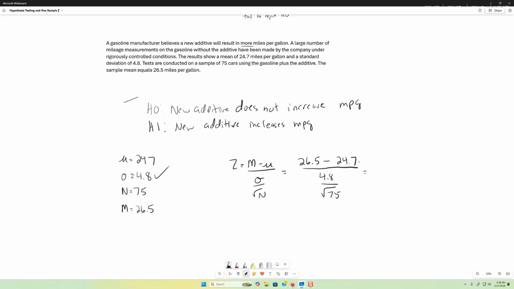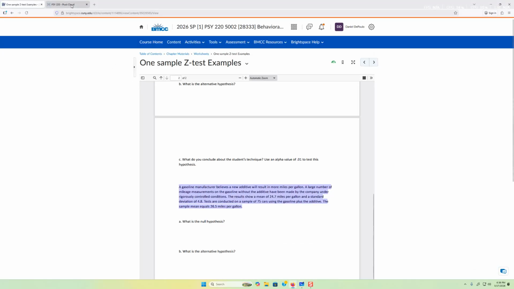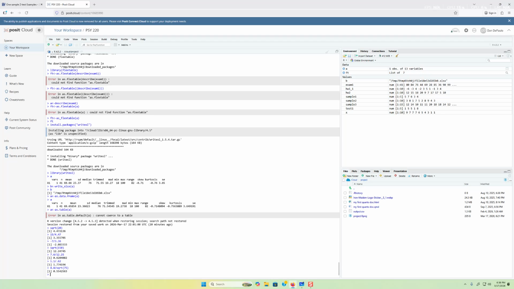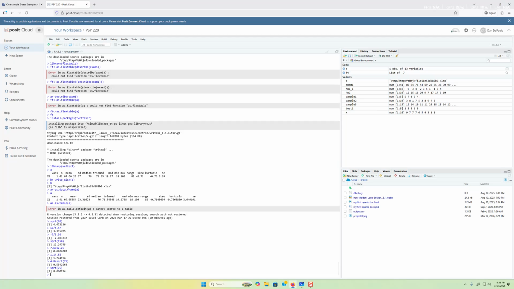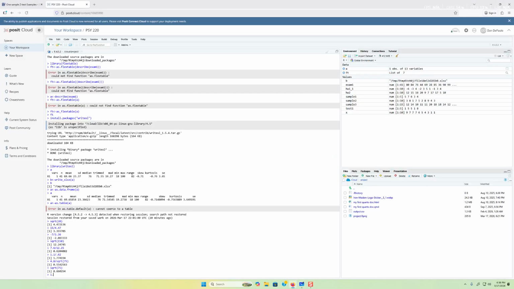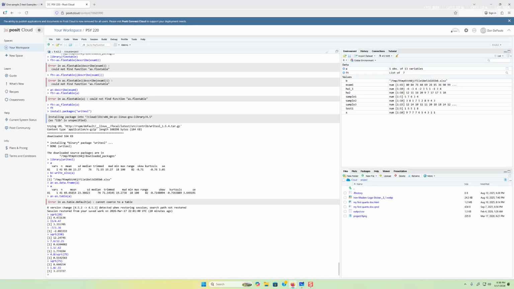So this is 1.8 on the top. 4.8 over the square root of 75 is 0.55 rounded to 2 decimal places. So this bottom is 0.55. 1.8 over 0.55 is 3.27.